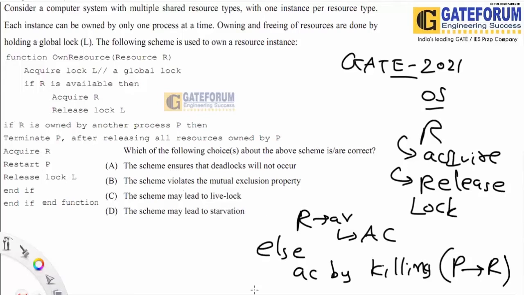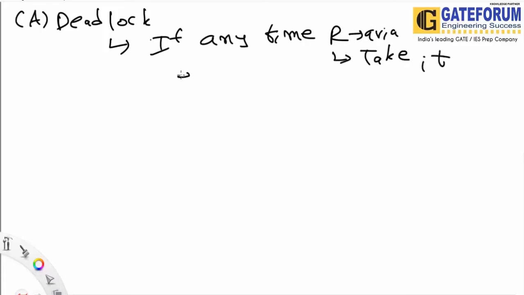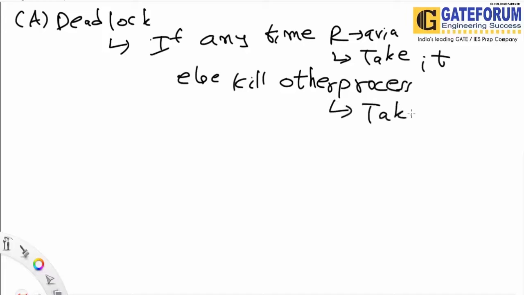If we check A for deadlock, there is no chance of deadlock, because if the resources are available, we take them. Else we kill the other process and take them. After killing that other process, we take it.